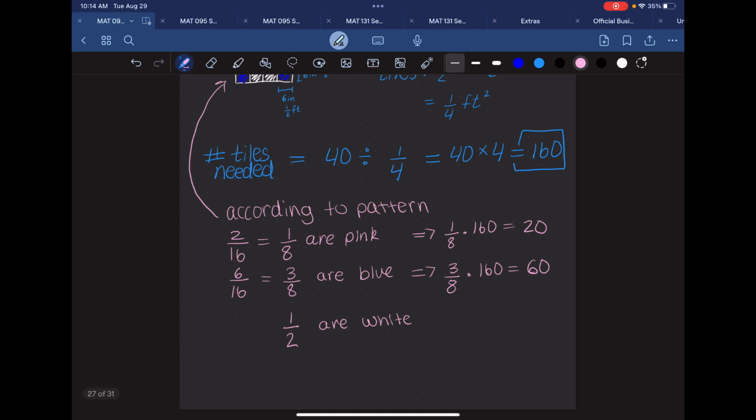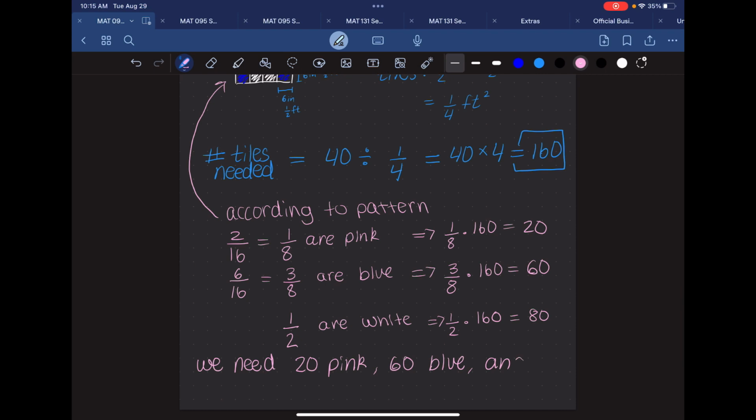And then we can take 1/2 of 160, and that would be 80. And so now we know the number of tiles that we need to buy in each color. So we need 20 pink, 60 blue, and 80 white.